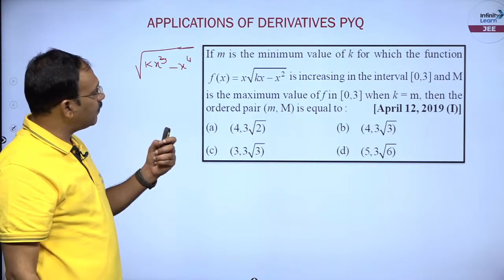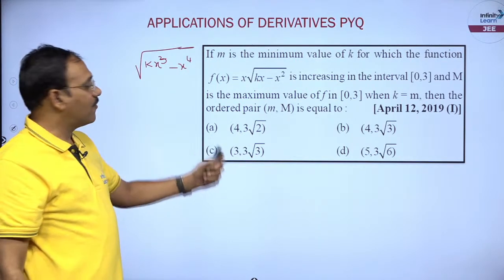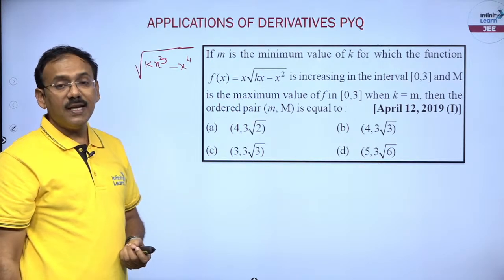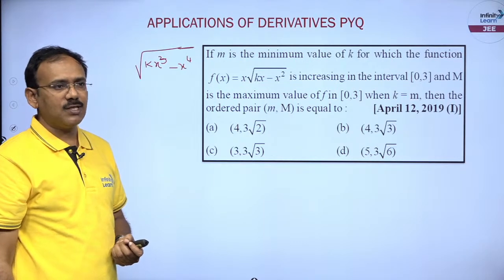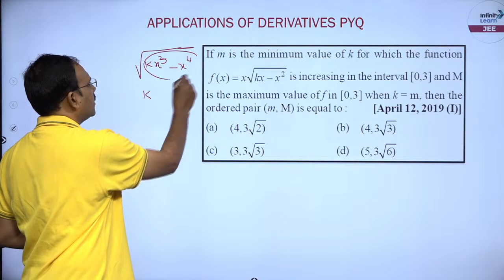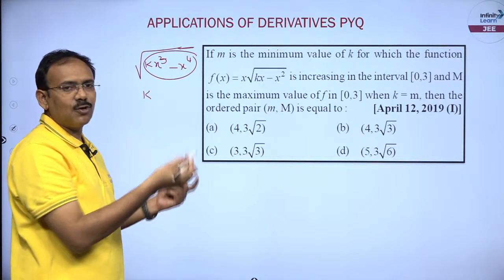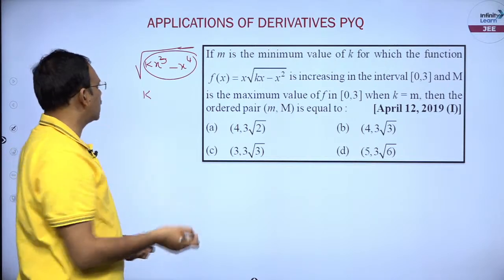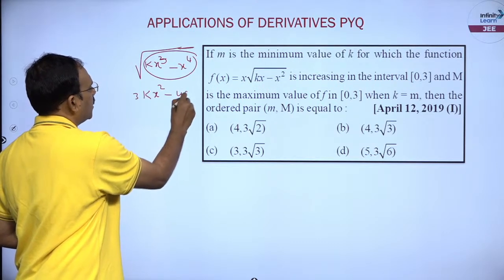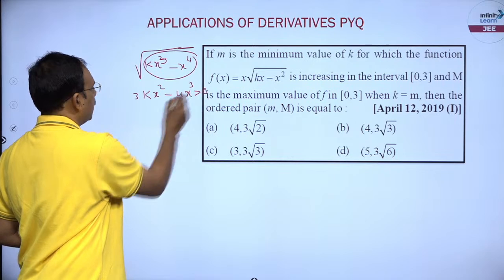So, m is the minimum value of k for which this function is increasing in 0 to 3. Increasing means first derivative positive, right. So, first derivative you just take, if this inner one is increasing, automatically the total function is increasing. So, this is k into 3x square minus 4x cube must be positive.